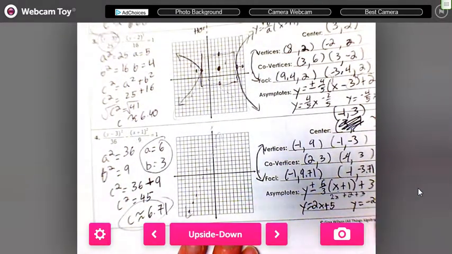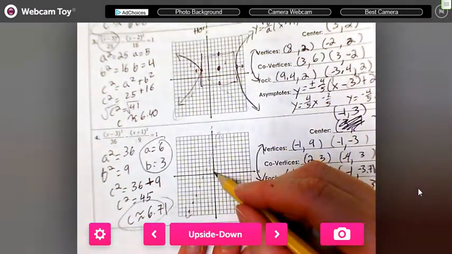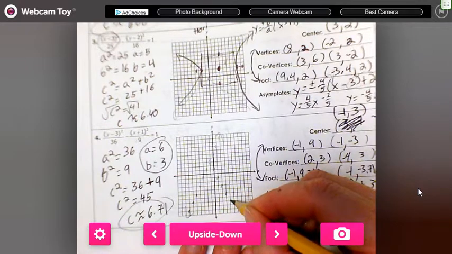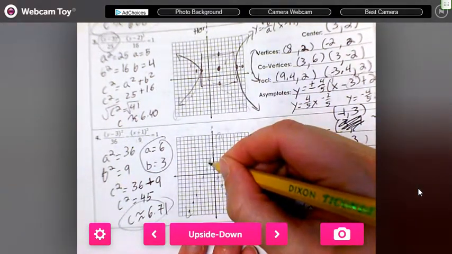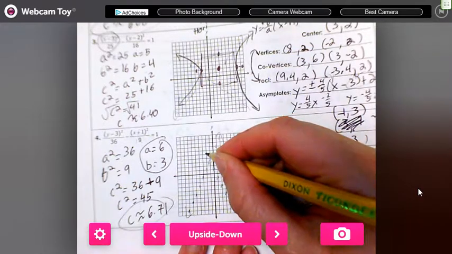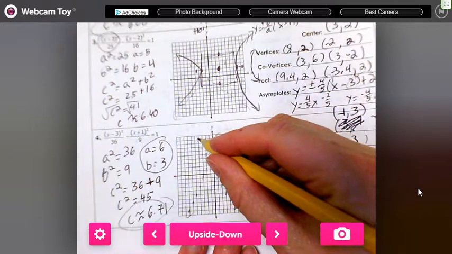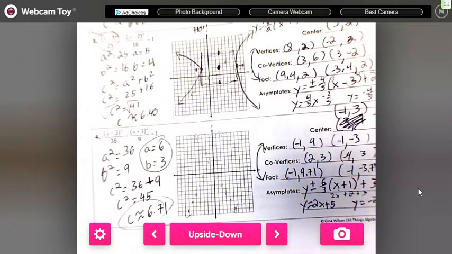Now we're going to go the other way. We're going to start at 1, and we're going to go down 2 to the right 1, all the way across the paper. Or up to negative 1, up to negative 1. This is basic little Algebra 1 stuff. I know it looks crazy, but it is.